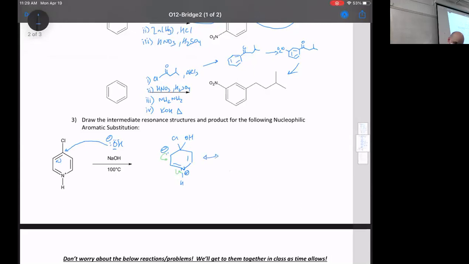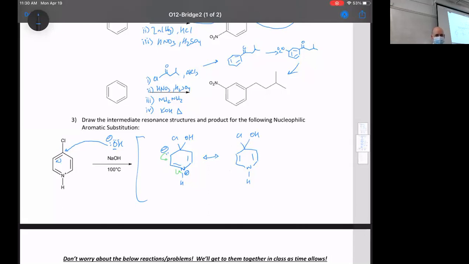One of our resonance structures ends up actually being neutral. And so there is another resonance structure, but this is the really important one. Through all of our nucleophilic aromatic substitution reactions, and you can copy this down if you want to, you don't have to, I'm not going to ask you to draw these resonance structures.